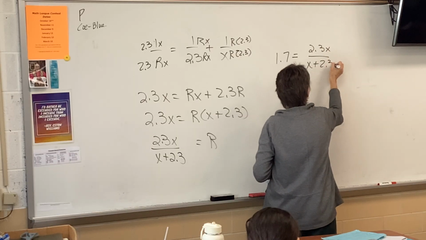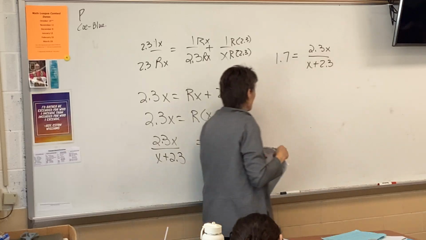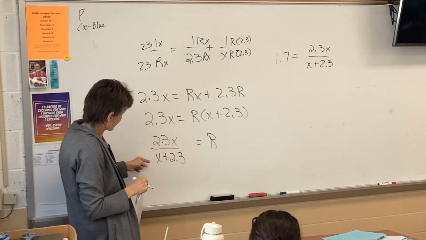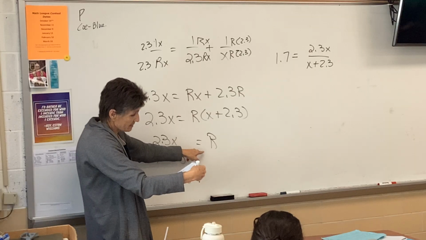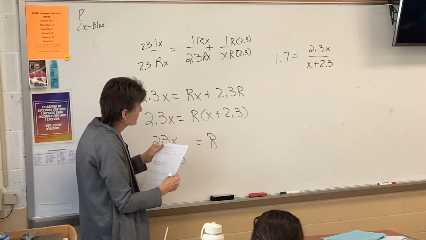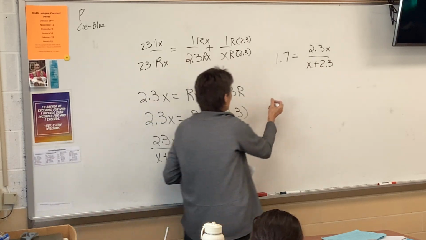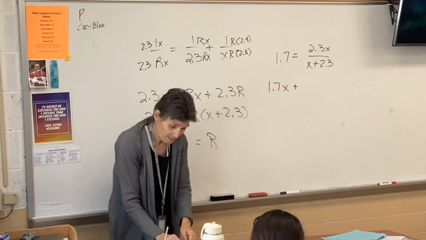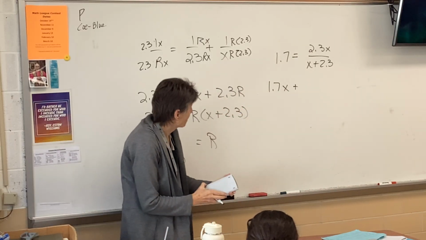So this is the equation we came up with yesterday. Now they're telling me that R is 1.7. So I think we can do that. We're going to multiply by that denominator.